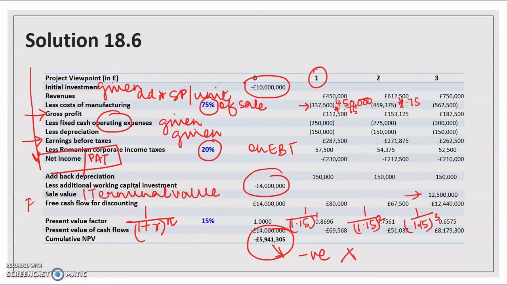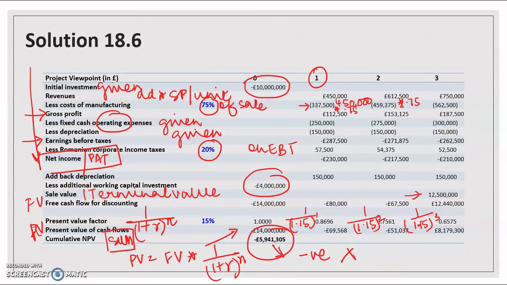This is your future value. In order to get your present value, you will have to take your future value times 1 divided by 1 plus r to the power n, right? So that's how you get it. Adding it all up, the sum will give you your NPV.